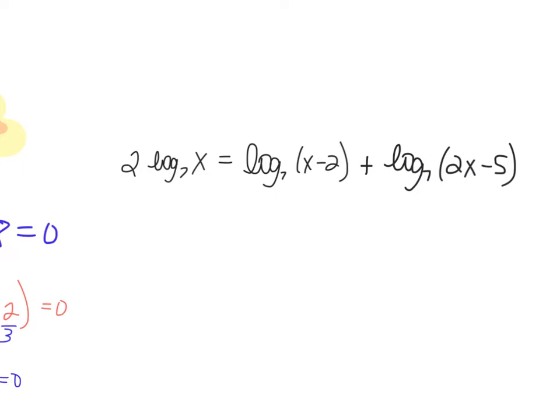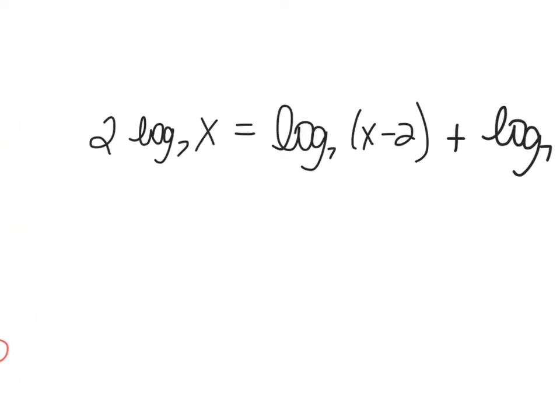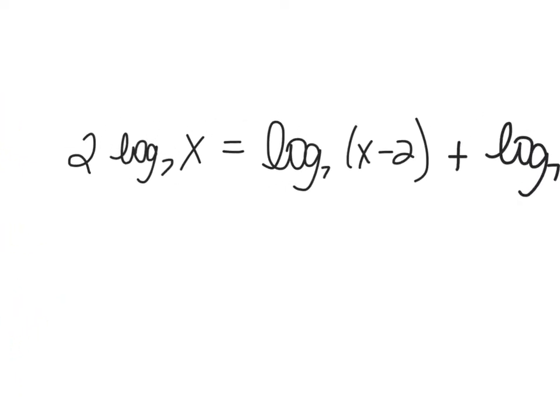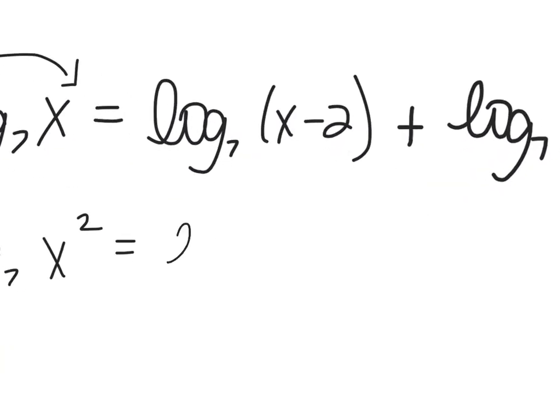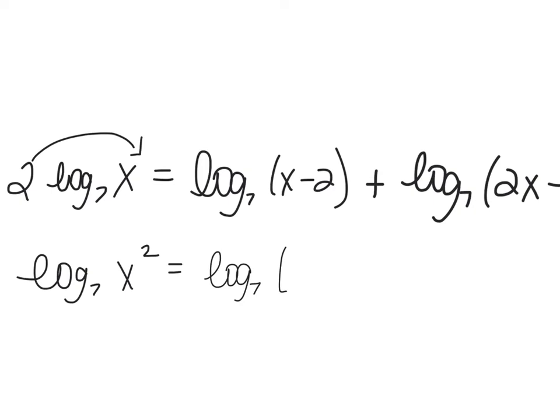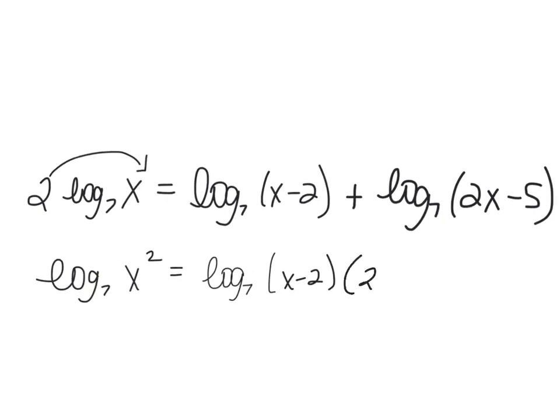I have to do what first? I have to condense. Where does this 2 go? So I have log 7 of x squared equals, I'm going to write this as 1 log 7 of x minus 2 times what? Why is it times? Plus.